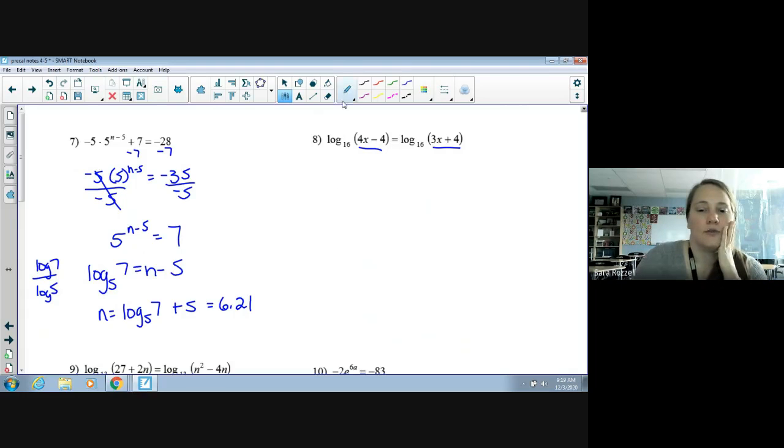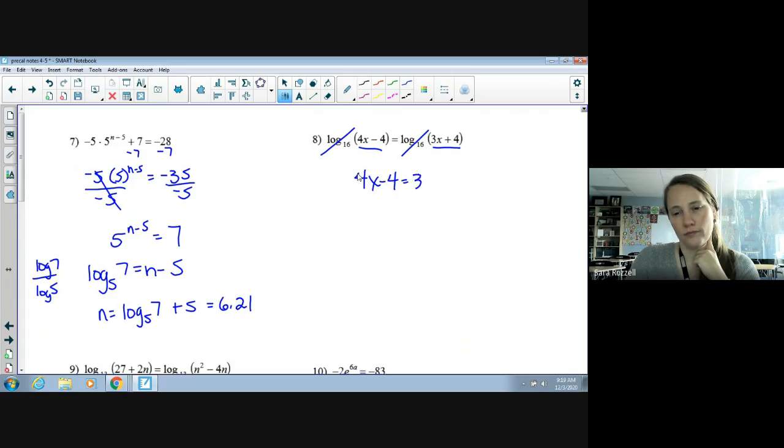So when you have log equals a log, and there's nothing else, we can just drop the logs completely because the things inside the parentheses have to equal each other. So I can just get rid of that and solve the equation. When you've got log equals log, you just drop the logs.